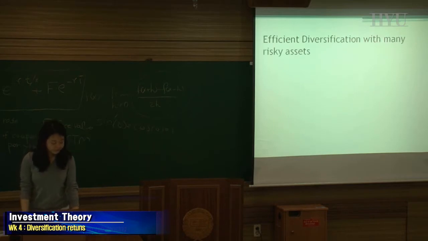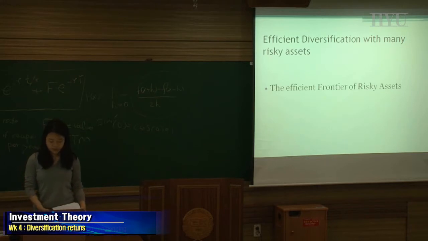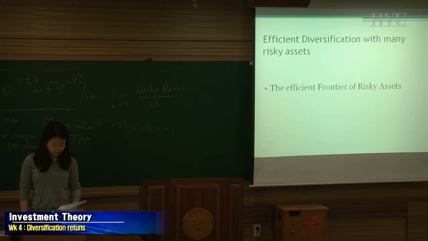And for efficient diversification with many risky assets, I'm going to talk about the efficient frontier of risky assets. The efficient frontier of risky assets is basically a graphical representation of a set of portfolios that maximizes portfolio expected return for a given level of portfolio standard deviation. Rational investors will choose a portfolio on the efficient frontier.